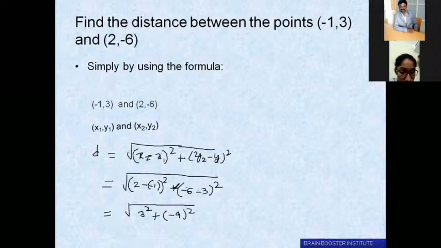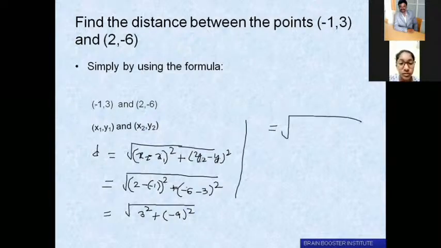Do you know this application? Yes, sir, I know it, sir. Very good. Now let's continue. Now the square root of 3 square is nothing but 9, plus 81, as minus 9 square is equal to 81.